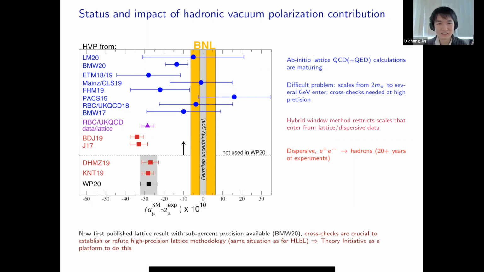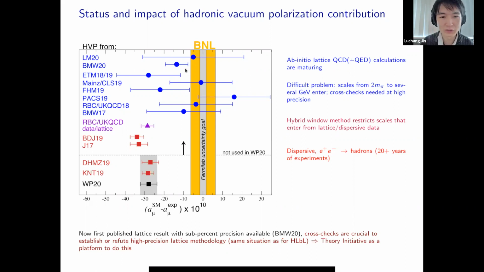Right. And the central value shifted. Right. Okay. But with these large error bars, the central values here don't imply very much. Yeah. Sure. But BMW's value is very interesting. So we'll discuss more of that.